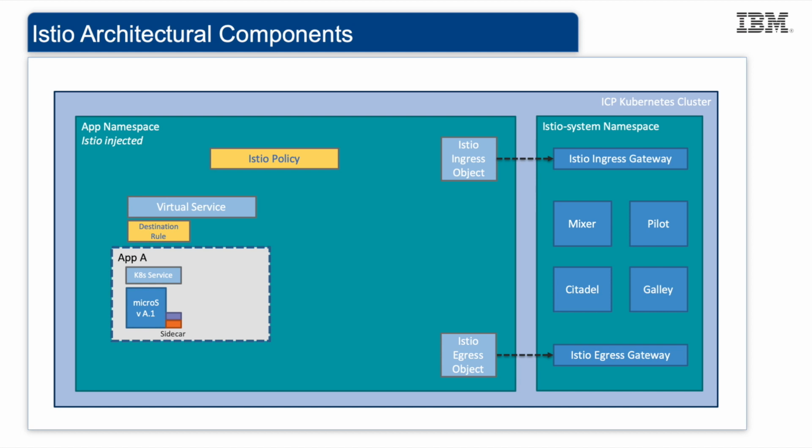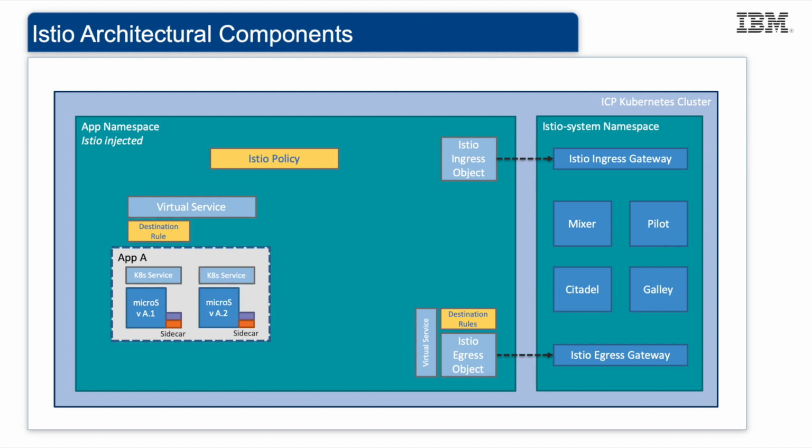For each application, we create a virtual service, which is the way of accessing the application from outside the mesh. Virtual services can have specific destination rules associated with the Kubernetes services which they will be invoking. Finally, the Istio Egress also has its virtual services and destination rules associated with it in order to connect to hosts external to the mesh.